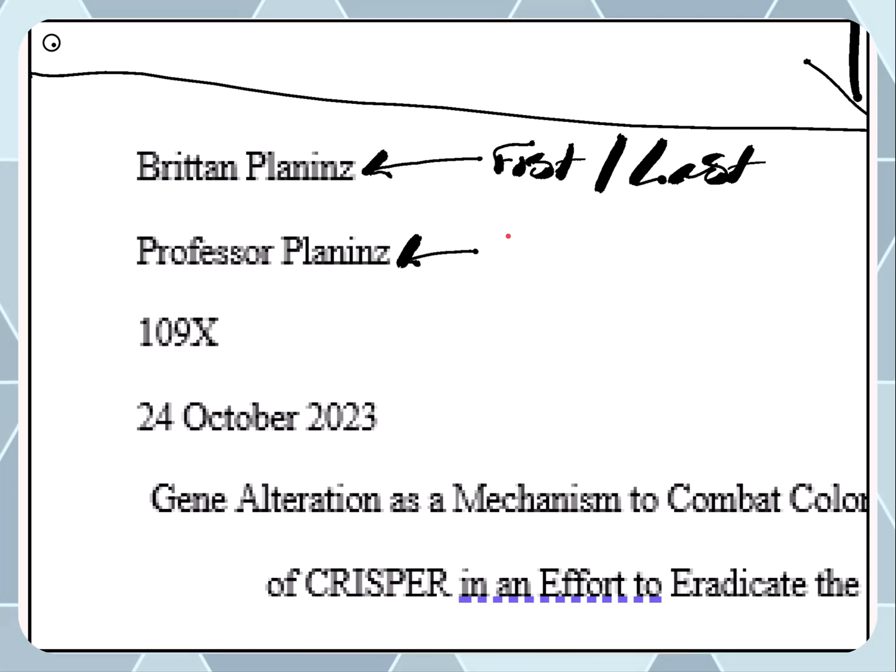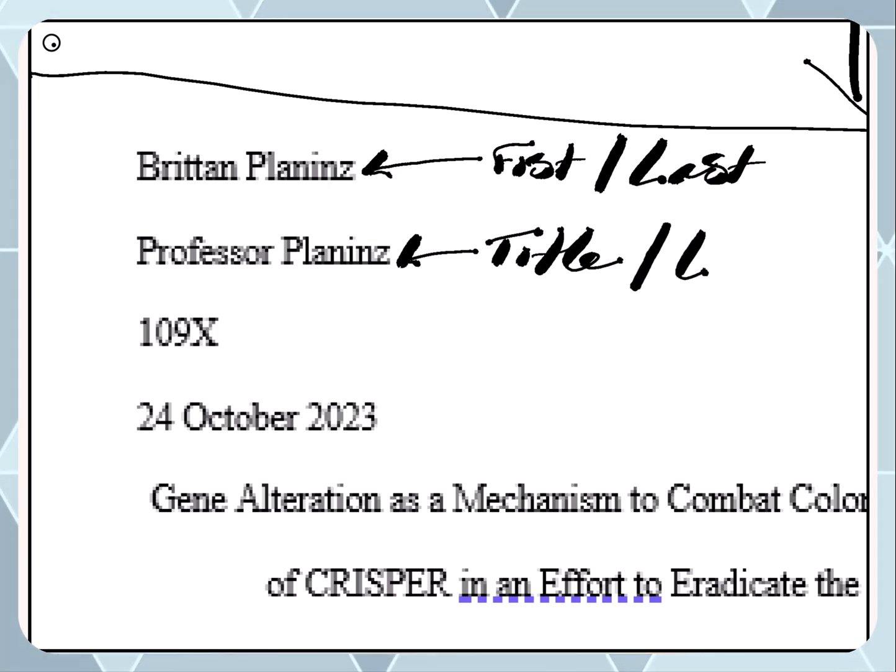And so we begin with a title and then last name. This is important. I have seen Mr. or Mrs. I've seen Mr. first and last name or Professor first and last name. MLA format asks for just the title of the person and the last name.